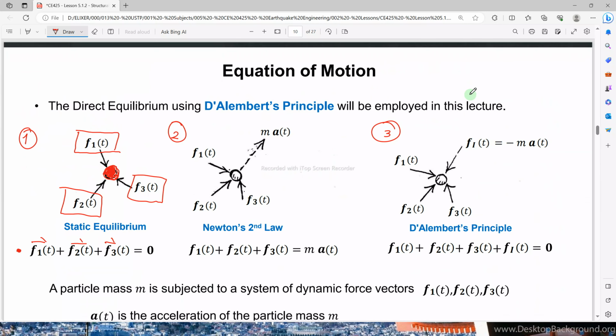Newton's second law describes the motion of the particle: if there is a net force acting on the particle, the particle will move in this direction, and its movement will have an acceleration. The constant of proportionality between the summation of forces and the acceleration is the mass. So that is the second law of motion.